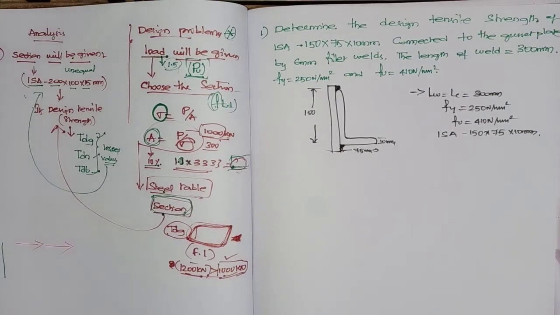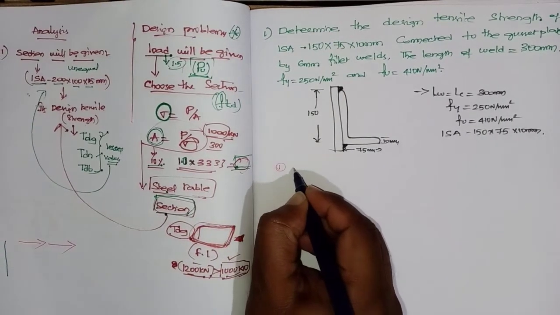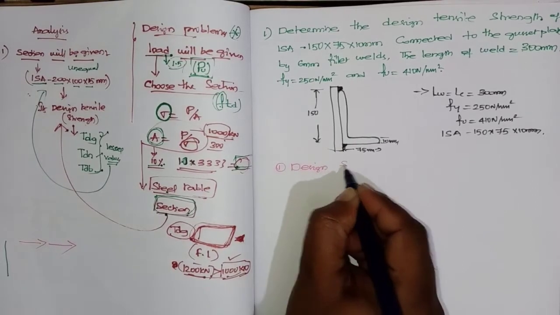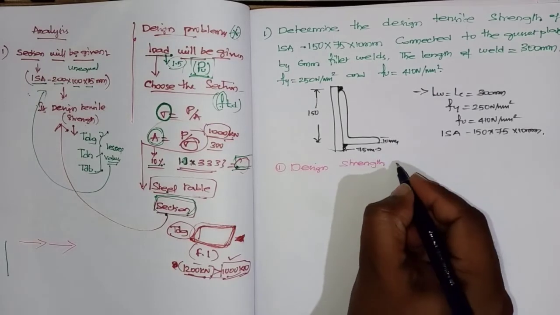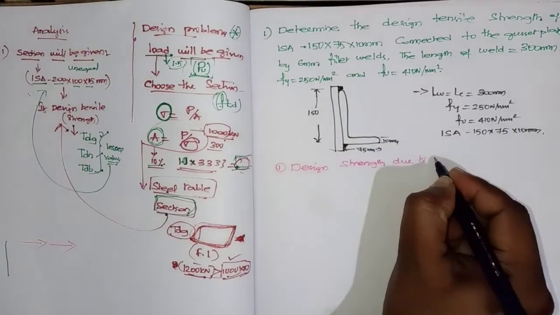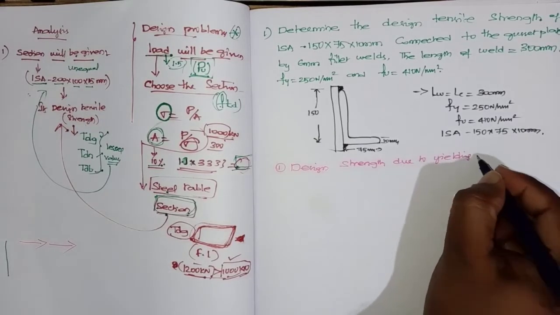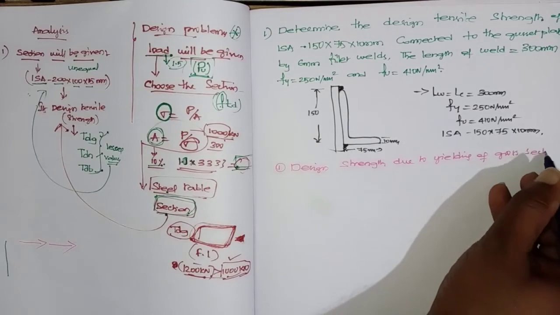First we'll see the design strength due to yielding of gross section.